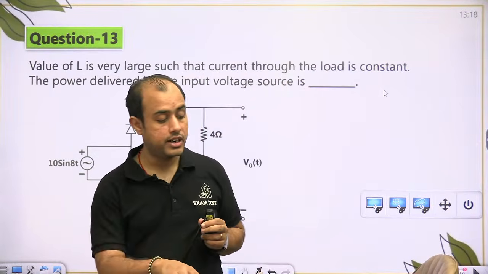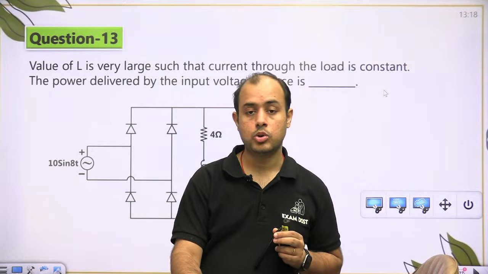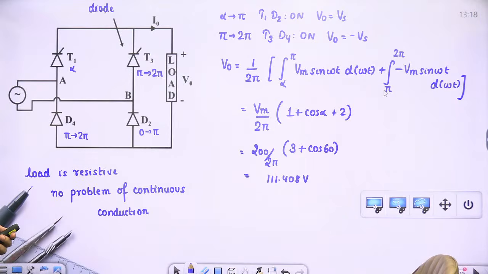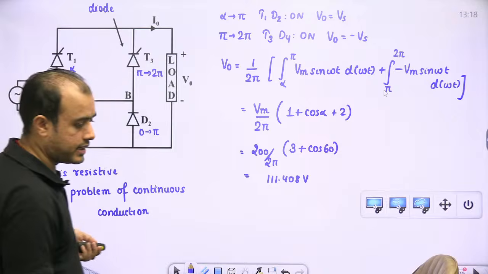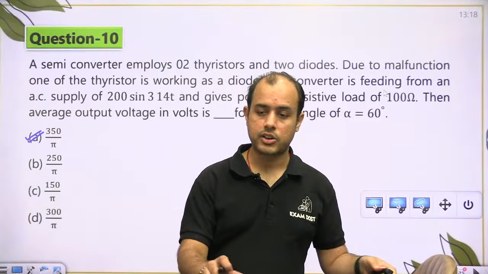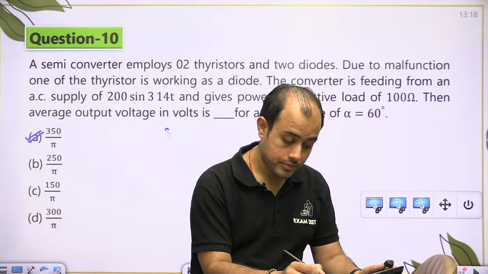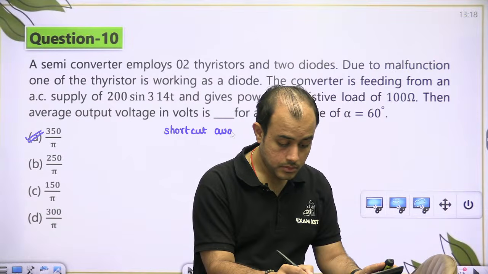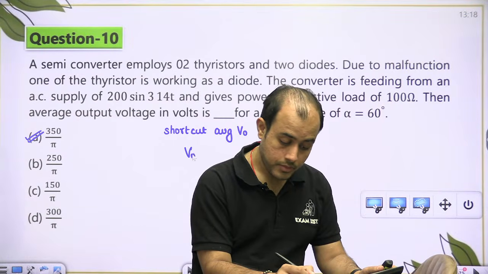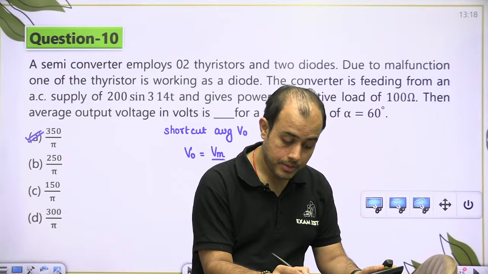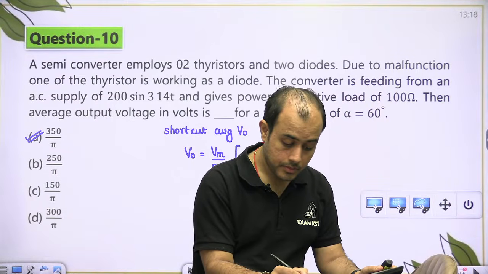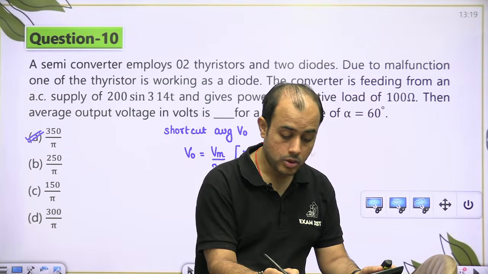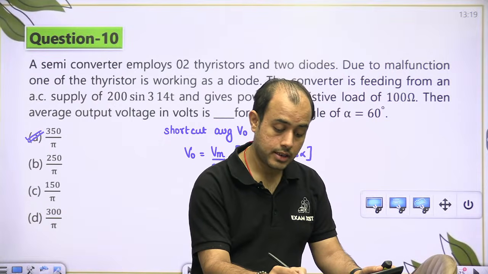What is the power delivered by the input voltage source? Is there a direct formula? Look, about the direct formula you are talking about, let me tell you the shortcut. Vm/2 pi into (number of diodes plus number of thyristors into cos alpha), for a single phase bridge.